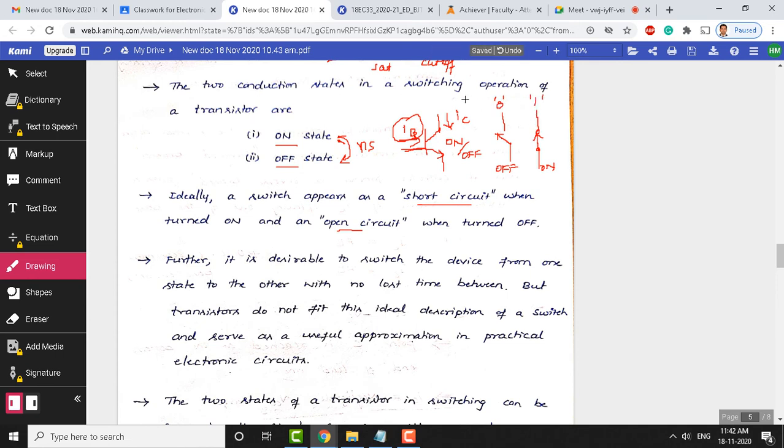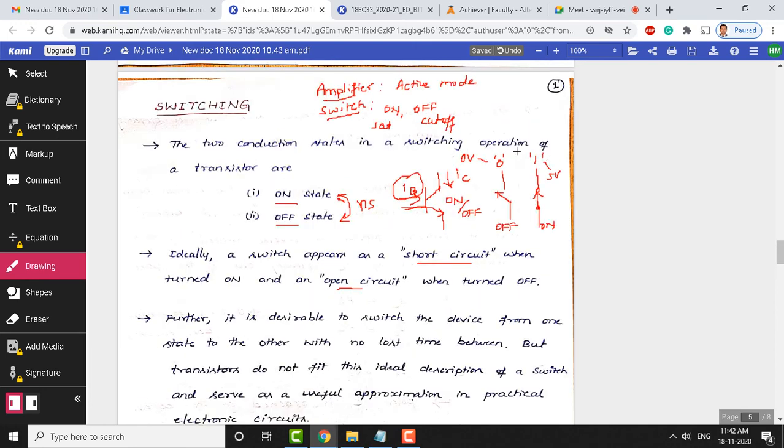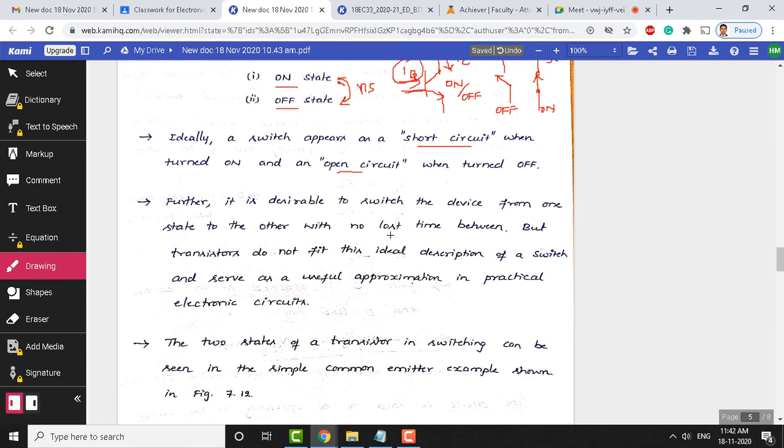Logic 0 can be interpreted as 0 volts, and logic 1 can be interpreted as 5 volts. This is the older technology, but this has changed a lot in the current scenario. So, we need to move between these two, 0 and 1, frequently, within no time. For that, the BJT is the very right device.